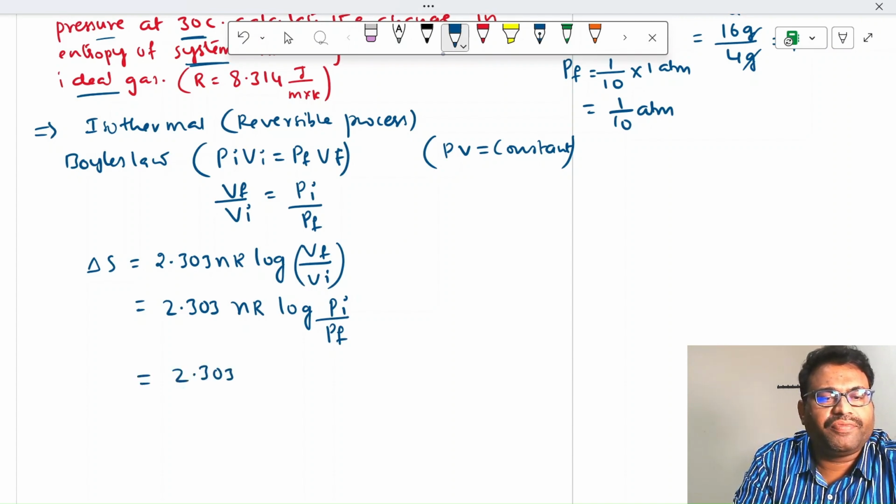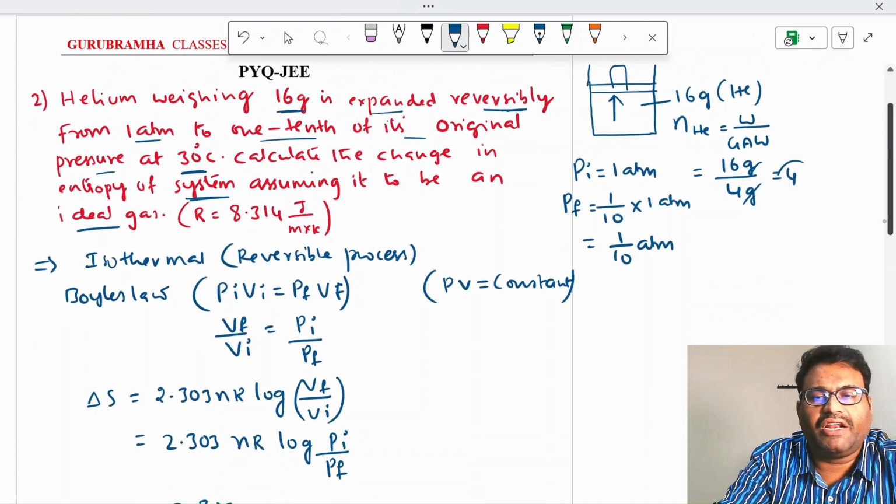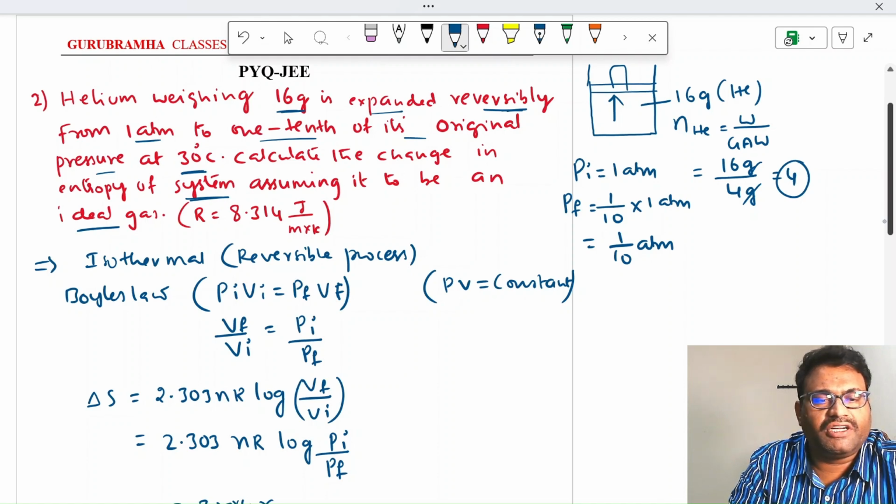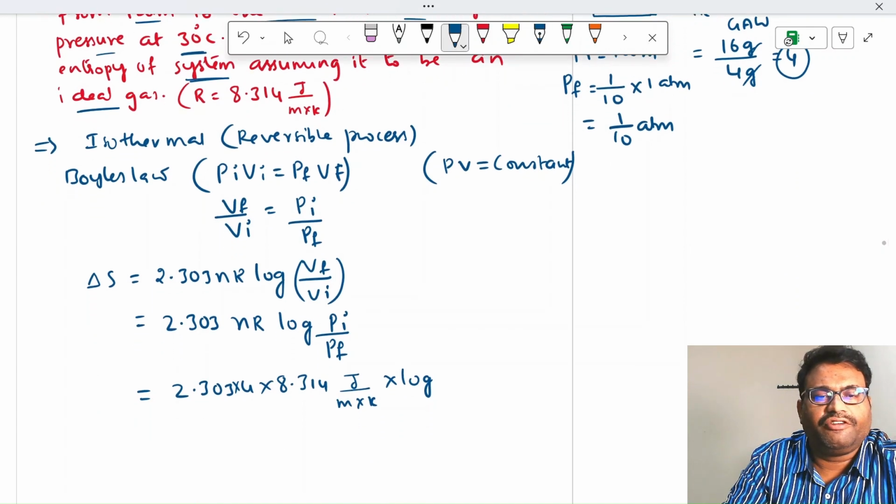Then what do I get? 2.303 NR. Number of moles, already we have calculated that it is 4. So 4, and R value already given, 8.314 joule per mole per Kelvin, right? Into log P initial is 1 atmosphere, P final is 1 by 10.